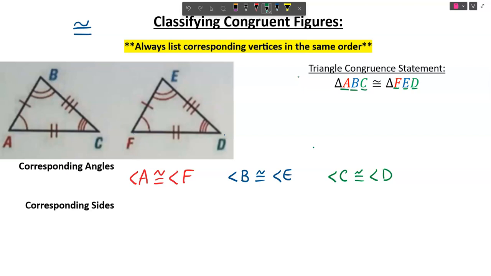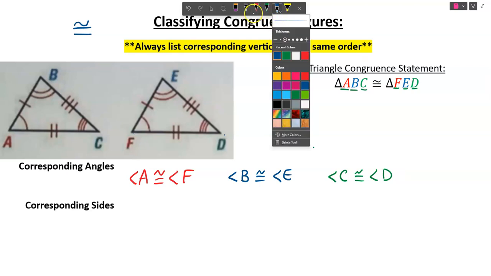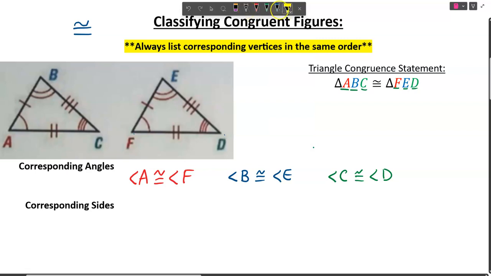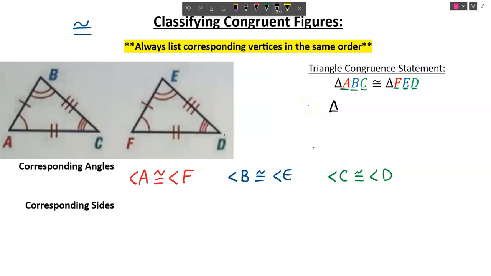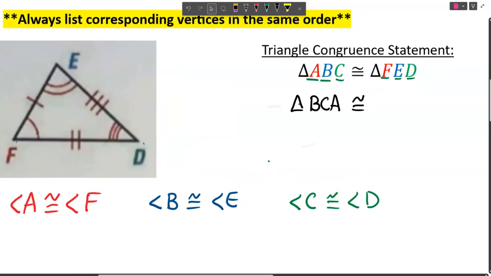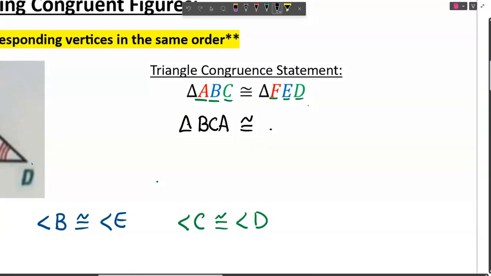Now, this isn't the only acceptable triangle congruence statement. Another acceptable way that I could write this, if my pen will let me work here, sorry about that, is, for example, what if I wanted to call it triangle BCA now? The other triangle's name I would have to put in the same exact order.